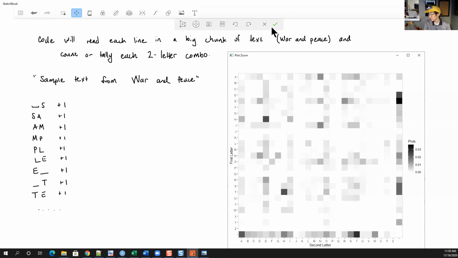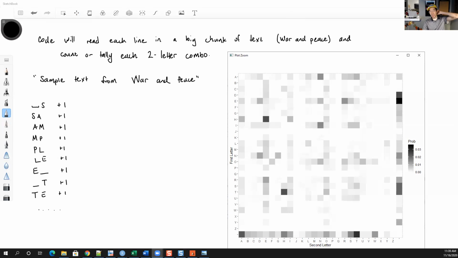Oh, fun fact, this letter transition matrix of which letter combinations are frequent, which shows which letter combos are common, actually powers your on-screen keyboard.